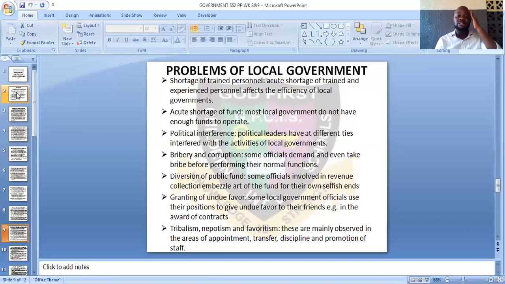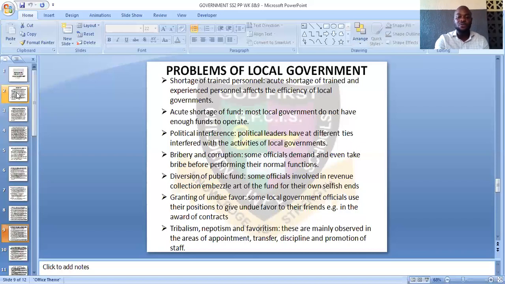And just imagine that every time they say there's no money, not to talk about the internally generated revenue from the community members. What the officials, the chairman, or those top politicians do is to embezzle this money, and as a result this slows down the development of such local government. Number six, granting of undue favor.